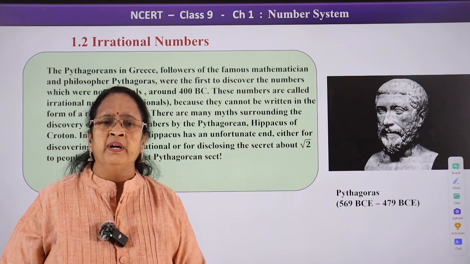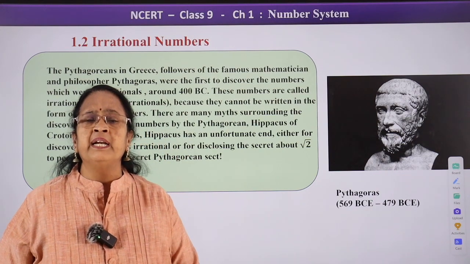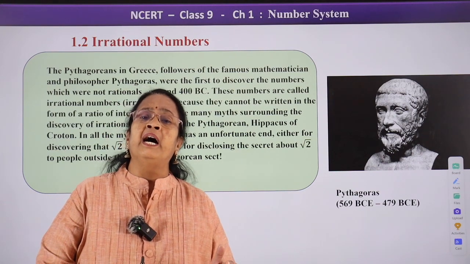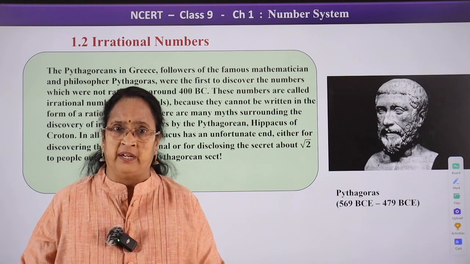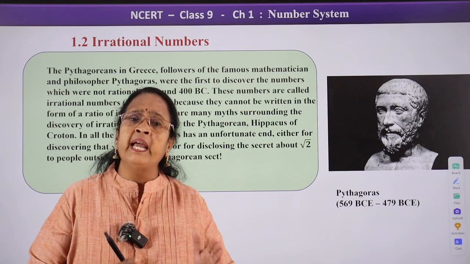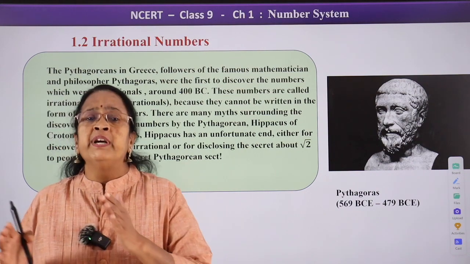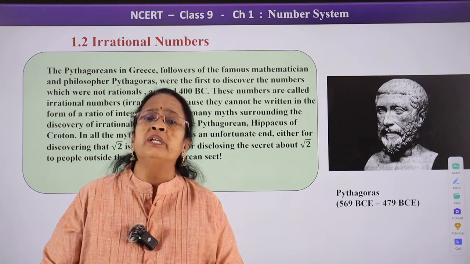For example, you may ask, what are irrational numbers? Like root 2, root 3. They are numbers which are not terminating, and they go on with the decimals after division. They are not terminating.